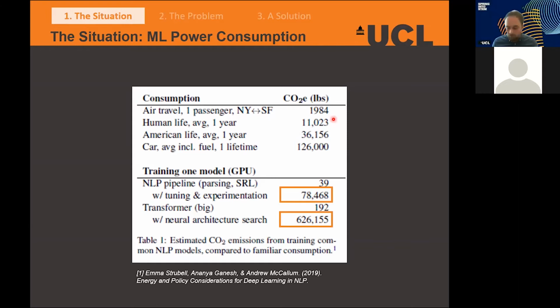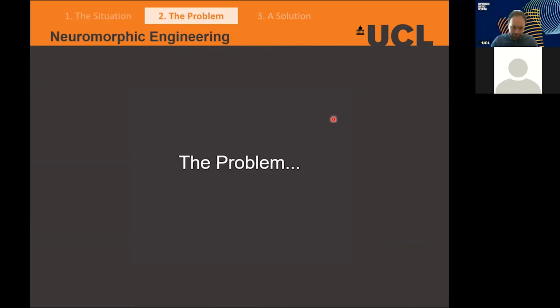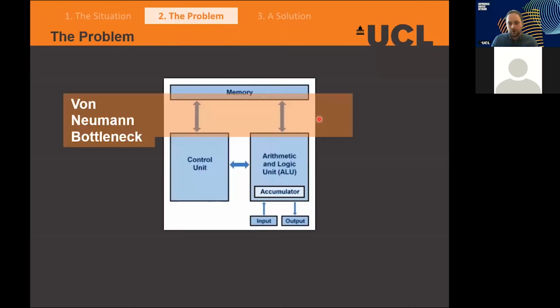So first off, what's causing this issue? What is the problem? The problem is based in how computers compute, how they're designed and how they're built. Because the majority of computers, your CPU, for example, operate with an architecture called the von Neumann architecture. In that architecture, there is a separation between where the processing is done and where you store data.